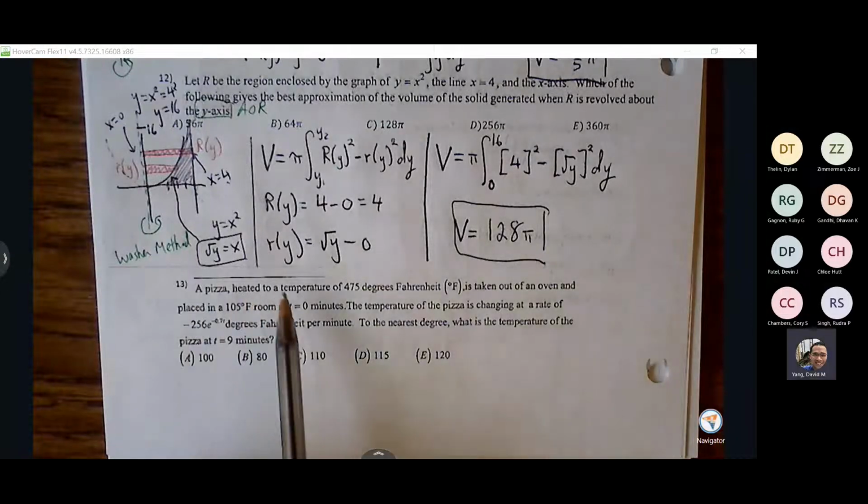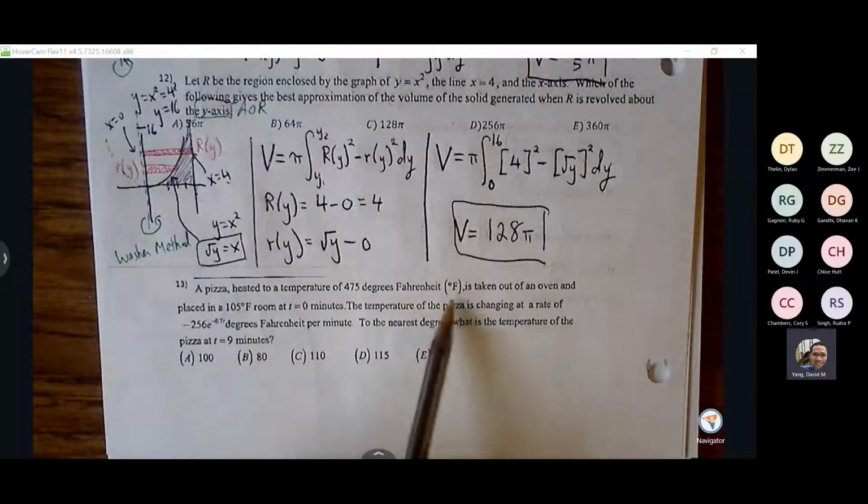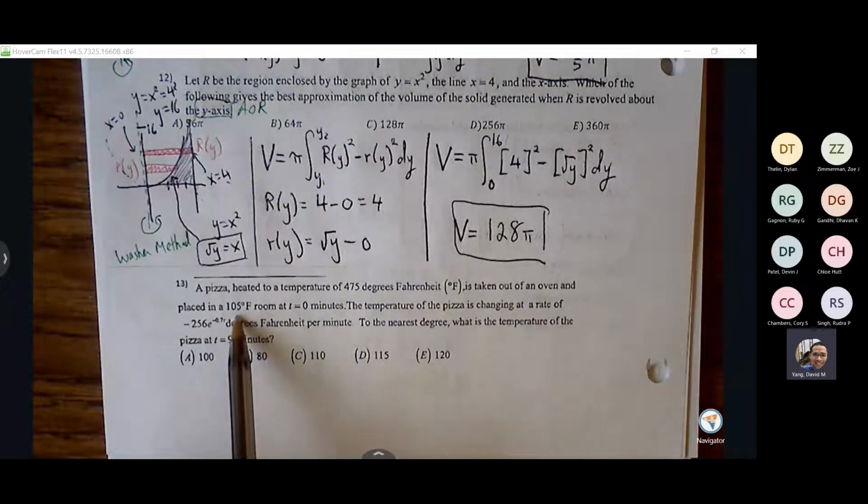Okay, a pizza heated to a temperature of 475 degrees is taken out of the oven and placed in a 105-degree room at t equals 0 minutes. The temperature of the pizza is changing at a rate of negative 256.